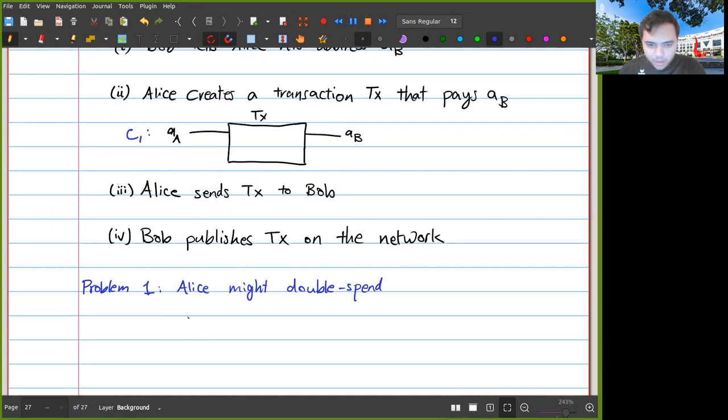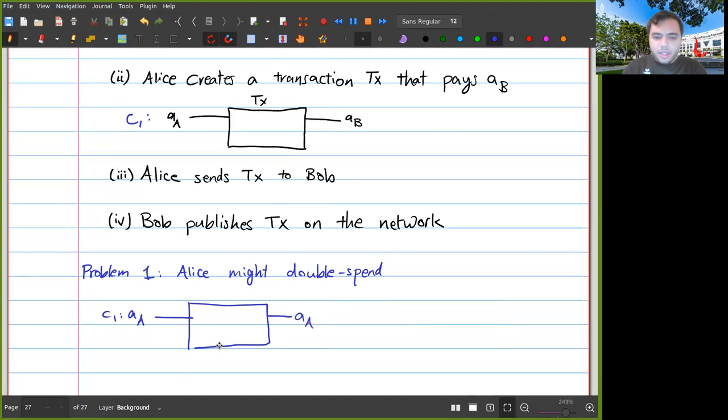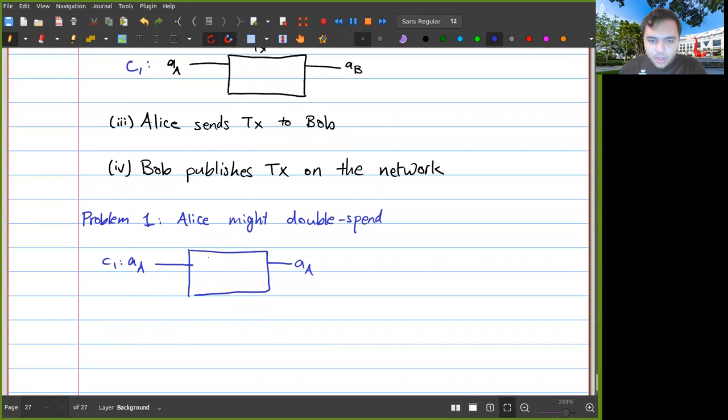Maybe Alice creates another transaction exactly in the same way that uses the same C1 that used to belong to one of her addresses and pays it back to herself. Okay, so we call this one the second transaction, or transaction prime. And if Alice does this, then Alice can publish this transaction.